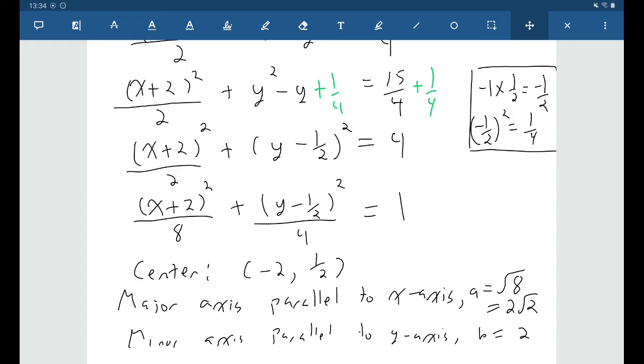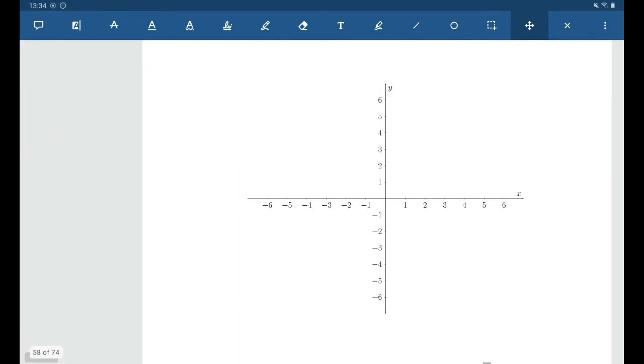But when I label things, I will not be labeling my coordinates with decimal values. I'll be labeling them in terms of those 2 root of 2's. So I'll start off with plotting my center, and then I'll work on my vertices and covertices after that.